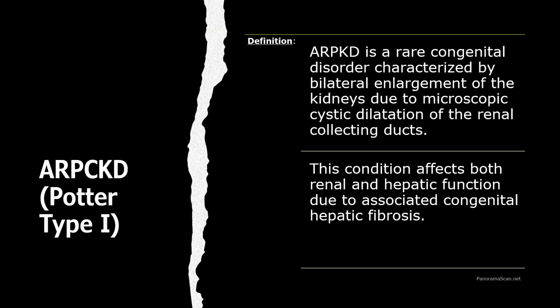While ARPKD can have a range of outcomes, the severity of the disease often depends on how early it is detected and whether interventions can address complications such as renal failure or liver issues.